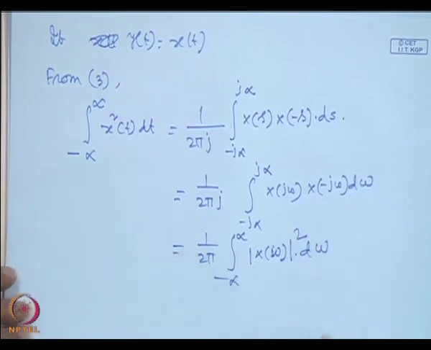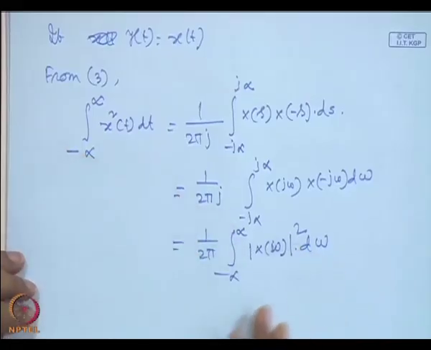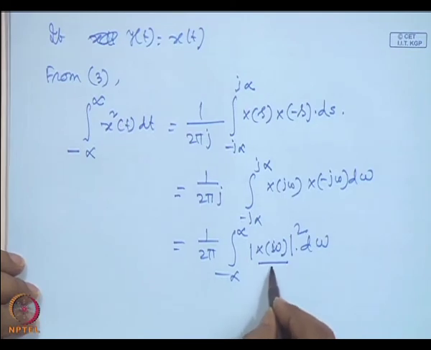This gives the relation between the energy content in the time domain and the energy content in the frequency domain. Here x of j omega is nothing but the Fourier transform of that signal. We will stop here.